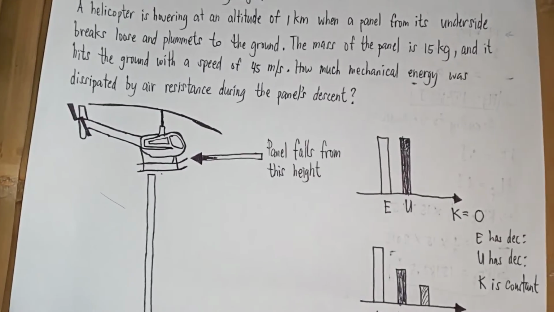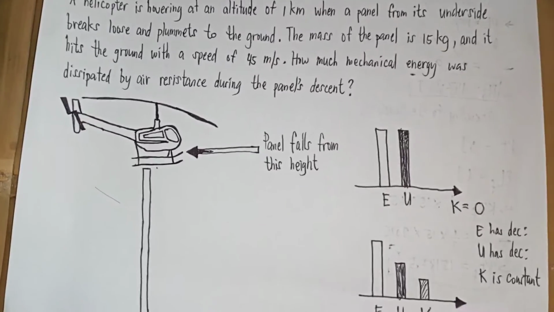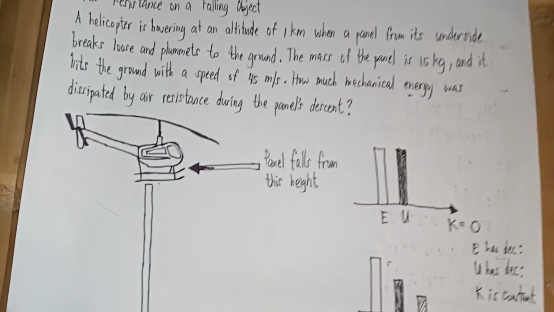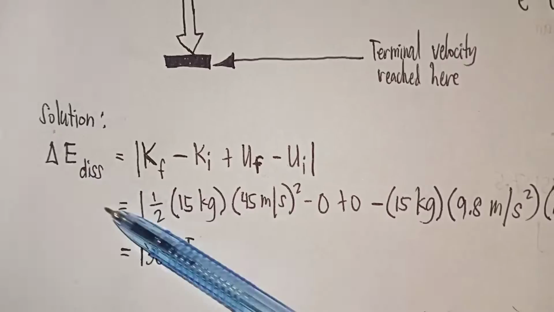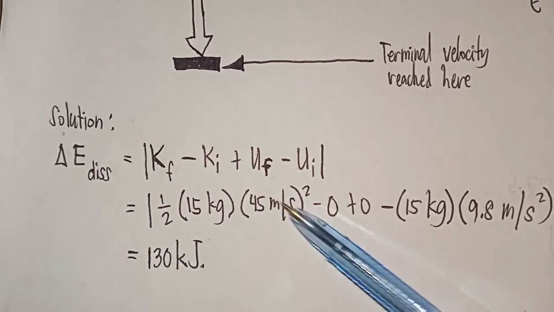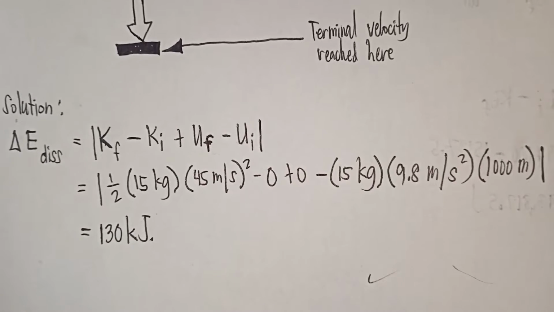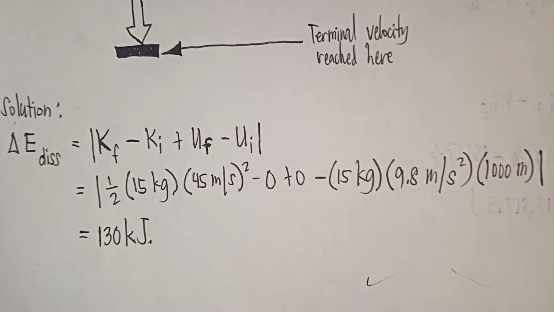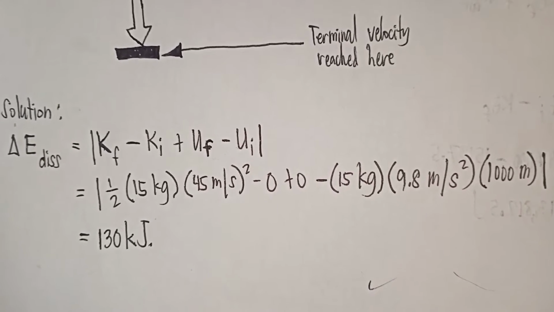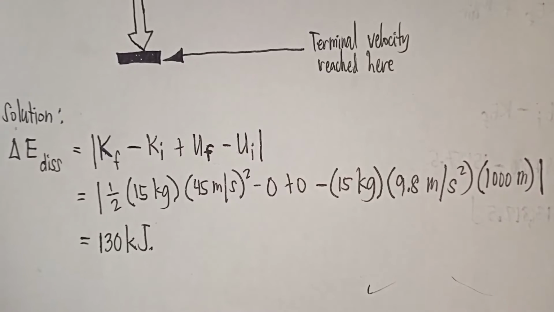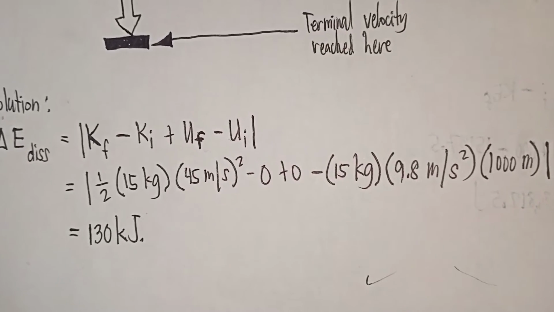We can use the conservation of mechanical energy to find the energy dissipated. So this is our formula. Solution: the mechanical energy dissipated by air resistance is the algebraic sum of the gain in kinetic energy and the loss in potential energy.